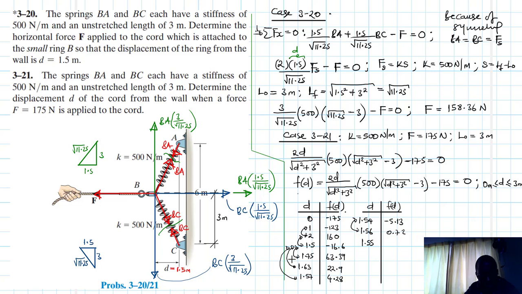1.55 squared plus 3 squared, that's 11.40. Root of 11.40 times 500 times root of 11.40 minus 3, minus 175.